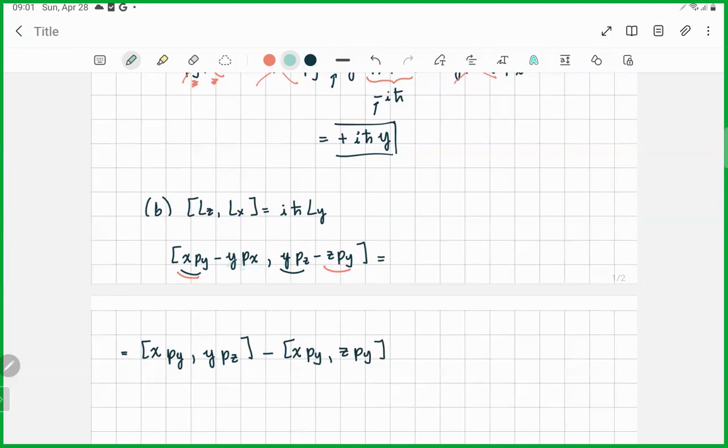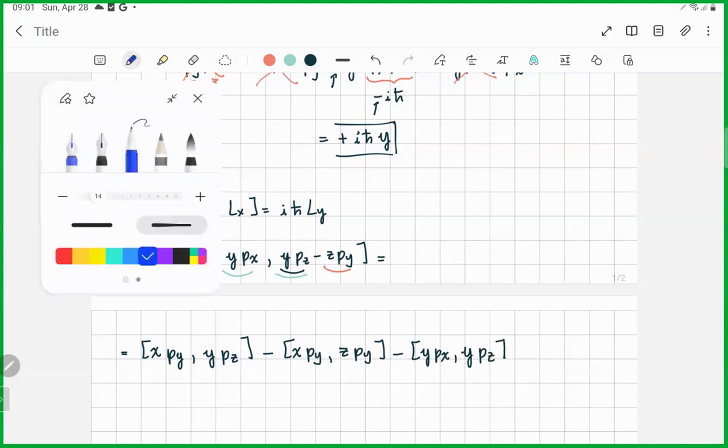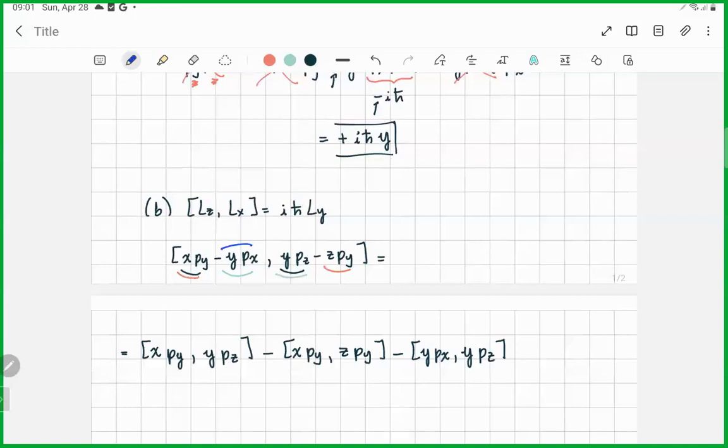Then we have this with this, so minus y p_x with y p_z. And finally, the last one, this one with this one. So minus and minus gives us plus y p_x with z p_y. Okay, now what is the next step?